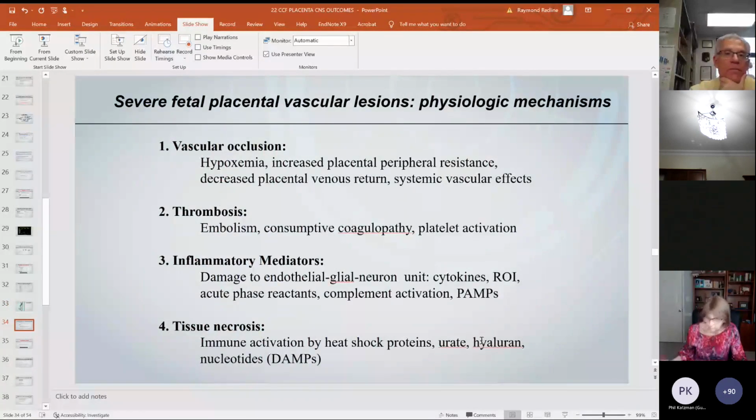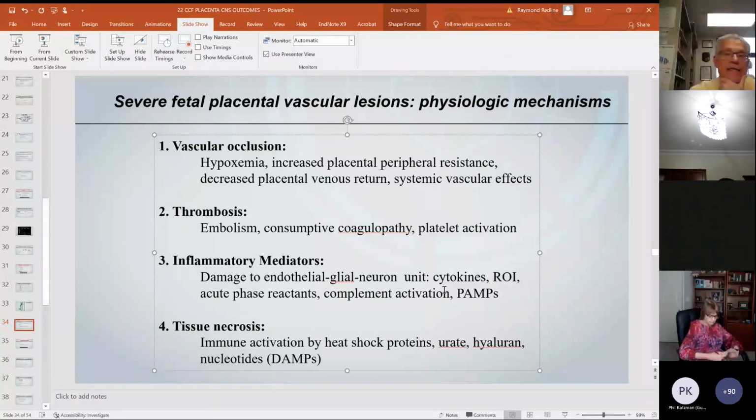And so with severe fetal vascular lesions, you can have occlusion leading to hypoxemia and other major circulatory problems. You have thrombi that develop in these lesions. They can embolize or lead to a consumptive coagulopathy or platelet activation. Particularly in chorioamnionitis and transplant rejection, you get inflammatory mediators, which can damage the endothelial glial neuronal unit.